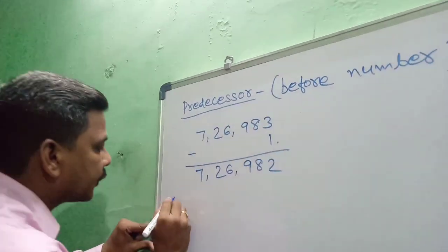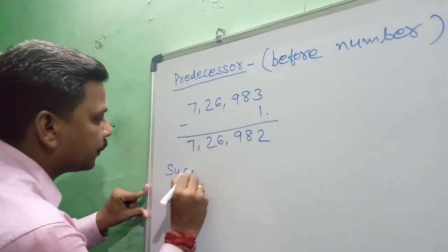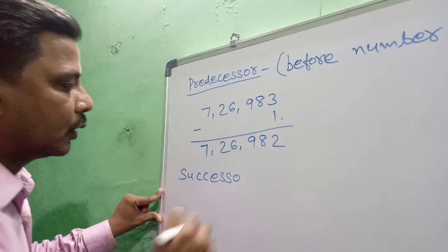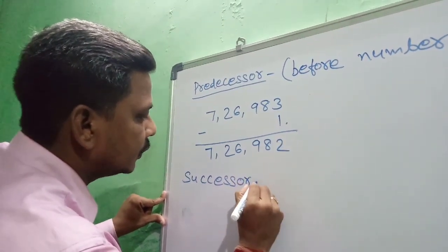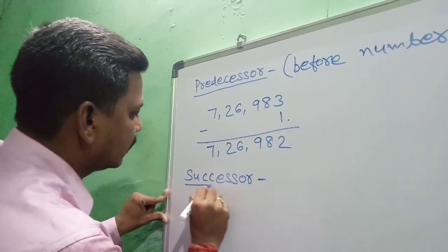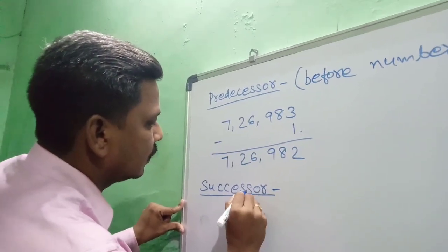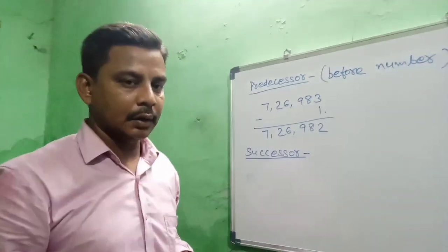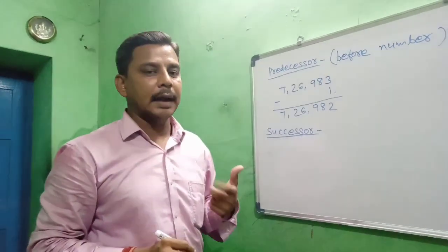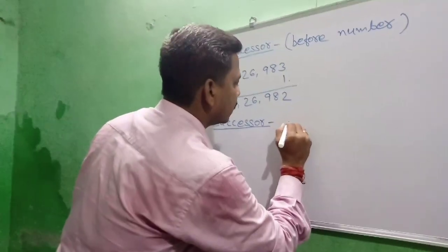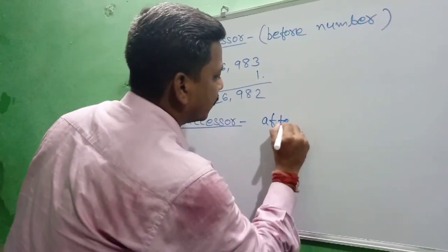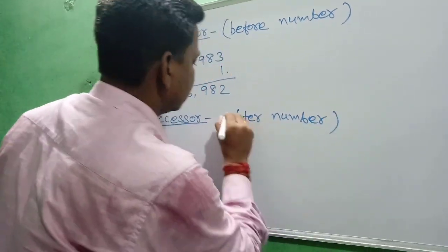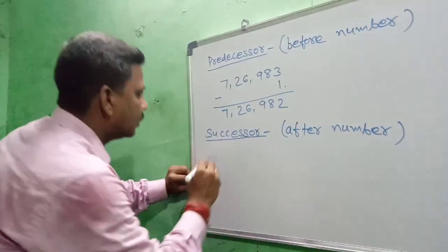Then we will discuss successor. Successor means the opposite of predecessor, means after number. When we add 1 to any number, we get its successor, and it is also called its after number. Here I have written after number. Let's take an example.